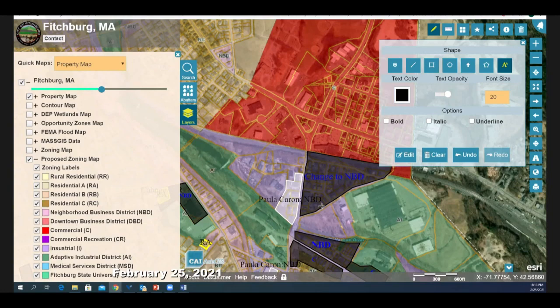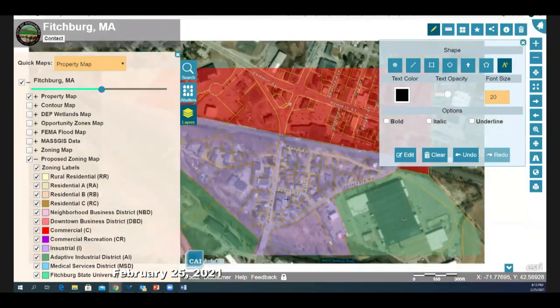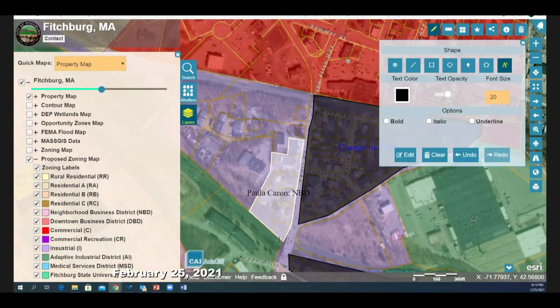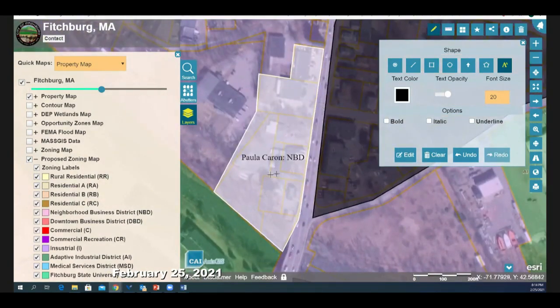It seems appropriate for it to no longer be industrial, because if you look at the scale, there's nothing industrial that's going to take place here. And corresponding with that, this was a change proposed by Paula, not the board. So I'll let Paula speak on it, but Paula had suggested this entire district change to MBD. It also is proposed industrial.